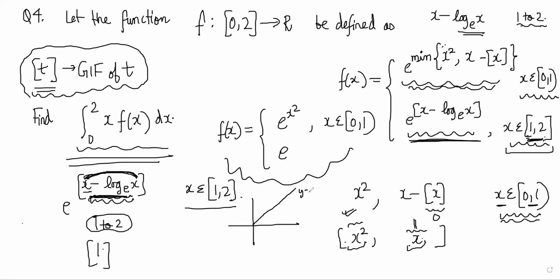ये y is equal to x का ग्राफ है मान लो, right? और log x का ग्राफ भी बना सकते हैं ऐसे 1 to 2 में. It starts from here and goes like this, right? Correct? Yes sir. This is your x is equal to 1, so y is equal to 1 here, x is equal to 1 here.